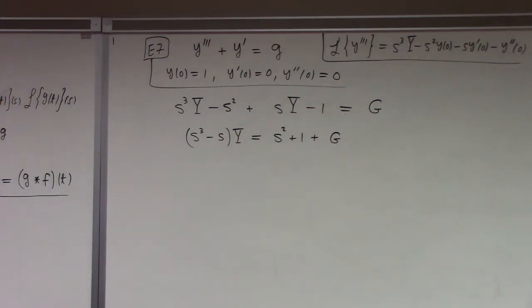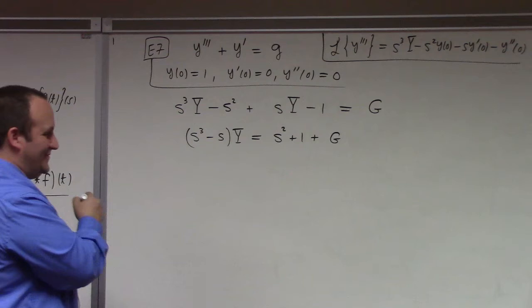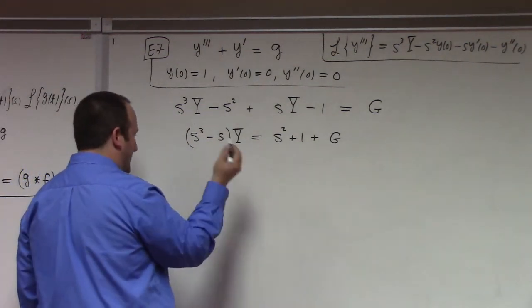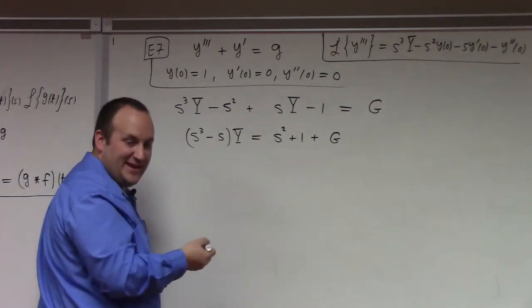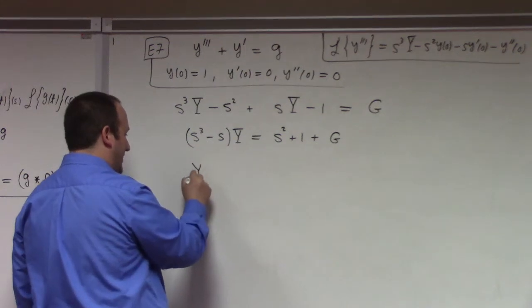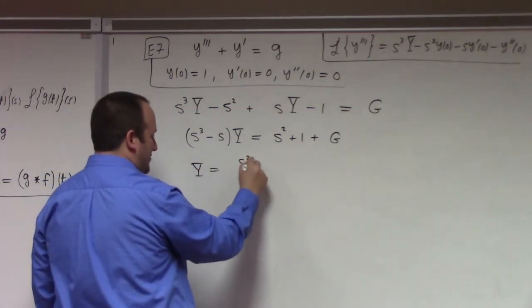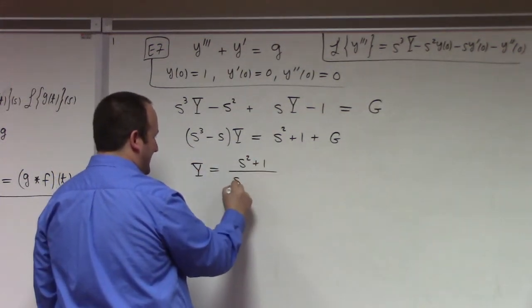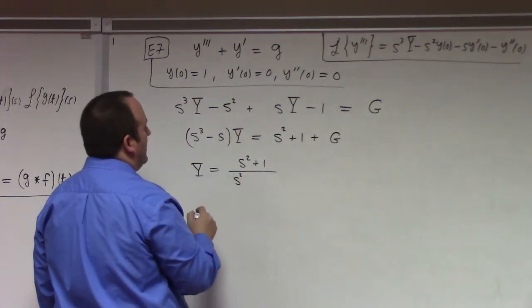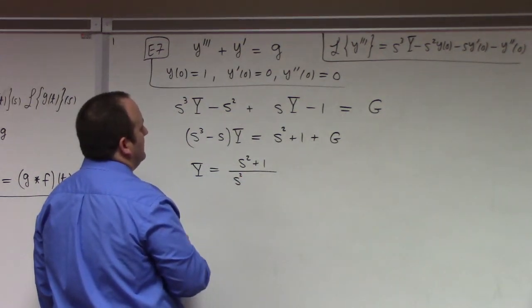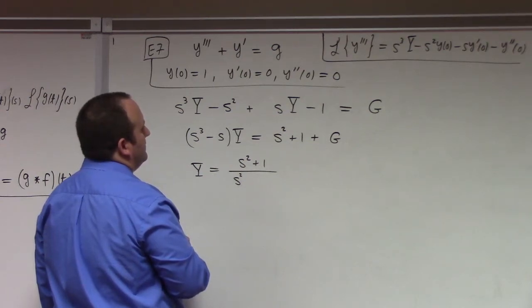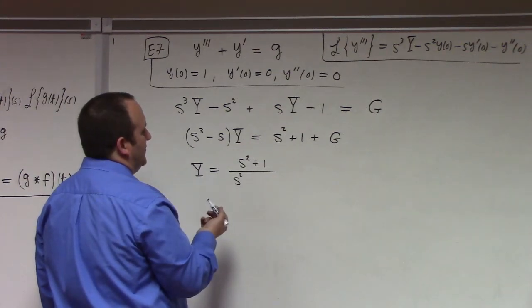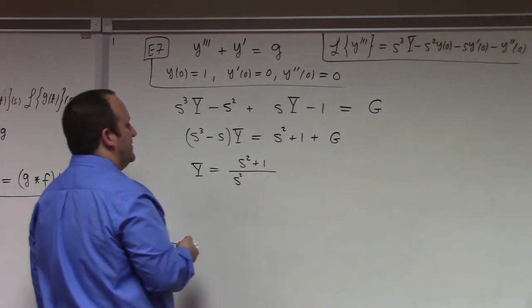Ah, cool. This was not intended. This is an accident. I just made this problem up, but something really neat happens in the next step. So Y is equal to s squared plus 1 over s squared. Oh, yeah, sorry. It is still very neat. I've made a mistake here.